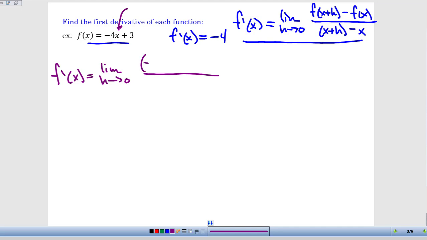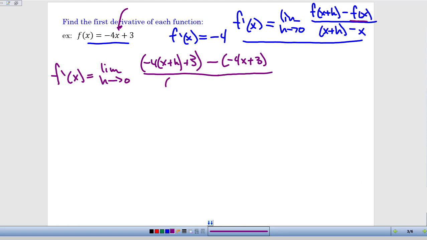So we're going to have negative 4 times x plus h plus 3, and then minus, now we have to subtract f of x, which is going to be this original function, negative 4x plus 3. And just note that it's really important that we put that in a set of parentheses because we're subtracting the entire expression. If we don't put the parentheses, we'll lose the distribution of the negative sign, which will throw our answer off.